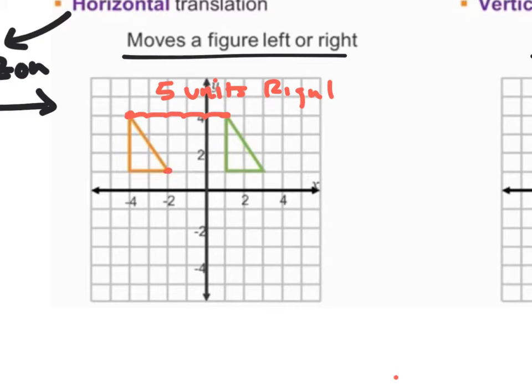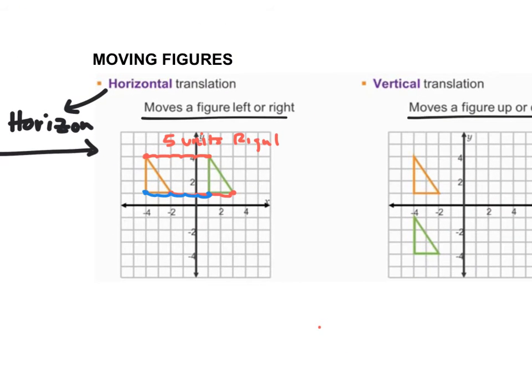I could go from this point to the corresponding point, and that moves over 1, 2, 3, 4, 5. Same thing going from this corresponding point to this corresponding point, it moves over 1, 2, 3, 4, 5 units. Okay, so they're all moved in the same direction, the same distance, okay? And that's what provides us with a translation.